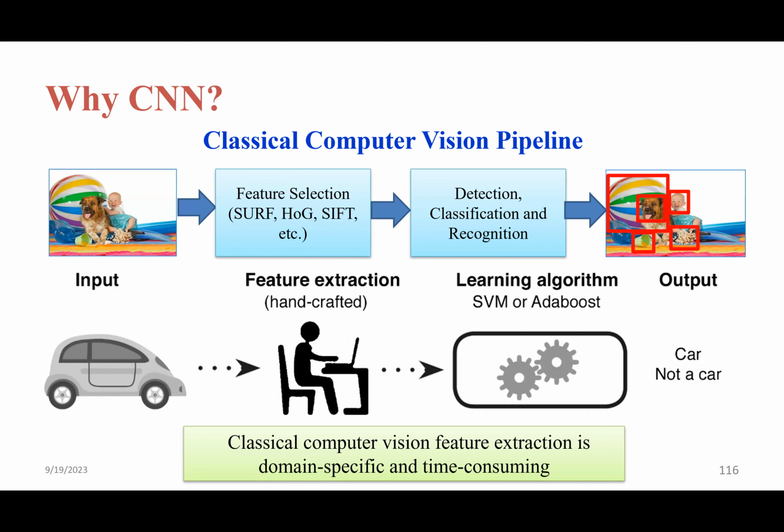Here you can see that this figure shows the classical computer vision pipeline to detect and classify the objects in an input image. Many people misinterpret these two words. Many people say that detection and classification are the same thing. No, they are not the same.